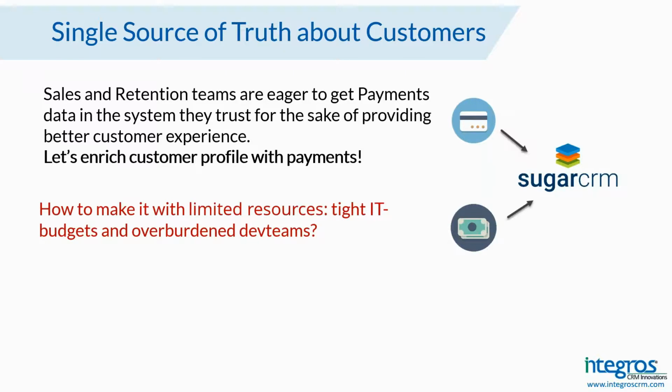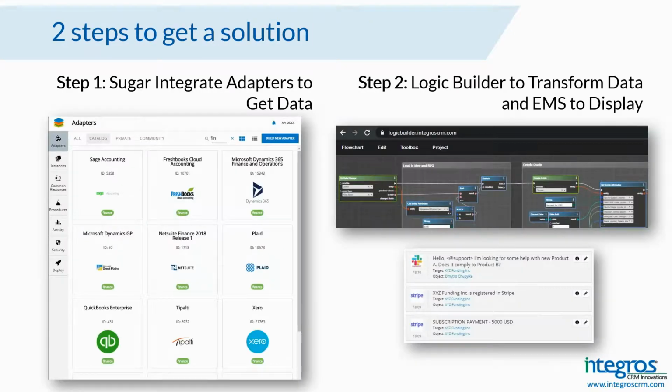But the challenge is how to provide it, having tight budgets and overburdened IT teams. Well, actually, to overcome this challenge, there are two steps to complete. Step 1: find a ready-to-use adapter to connect to the source of the payments.